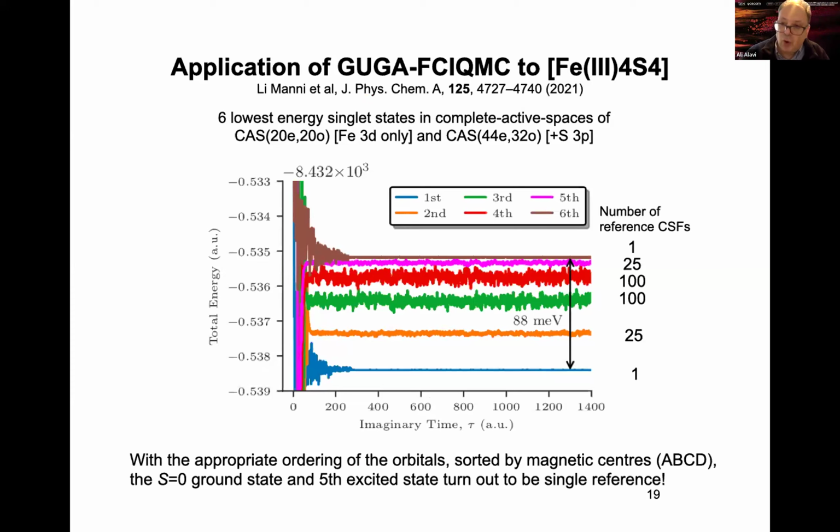So you end up with enormous fluctuations in the energy and things like that that are very difficult to quench. So even within FCI QMC, you want to get as single reference a wave function as you possibly can. You can see it in these actual simulations: when you have a very single reference wave function, you've got practically no fluctuations in the energy, and things work extremely well. So this is basically win-win all the way.